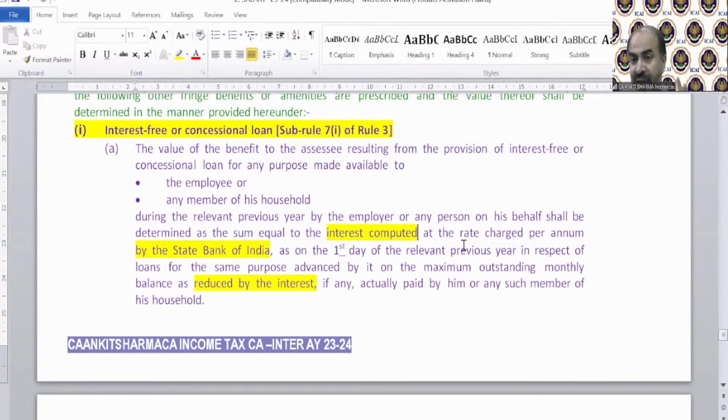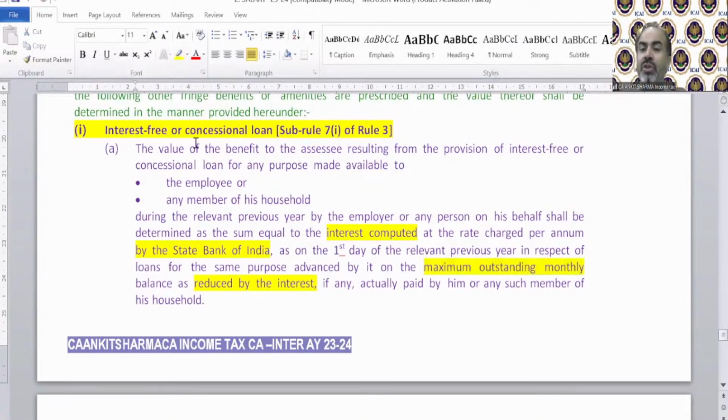Interest computed at the rate charged per annum by the State Bank of India as on the first day of the relevant previous year in respect of a loan for the same purpose advanced by it to the public. This is the main point: the maximum outstanding monthly balance.